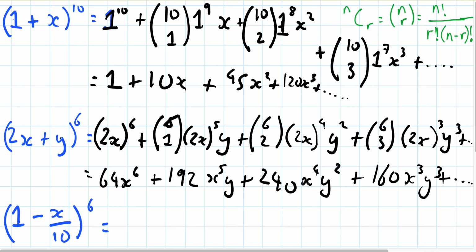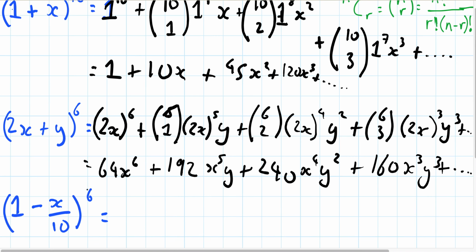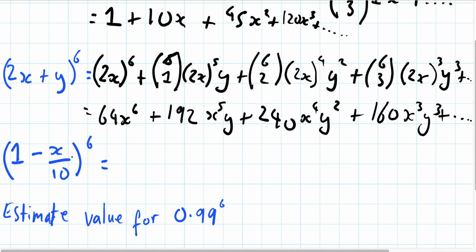Okay, so next up we're going to look at another example. For this question we're told to find the first 4 terms and then estimate the value of 0.99 to the power of 6 using our binomial expansion.